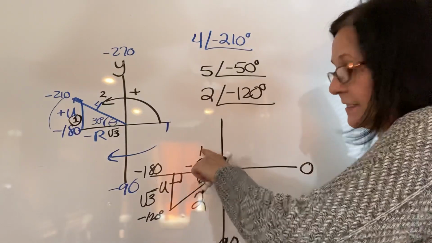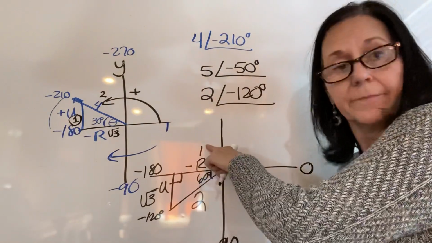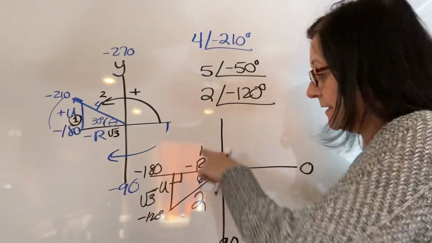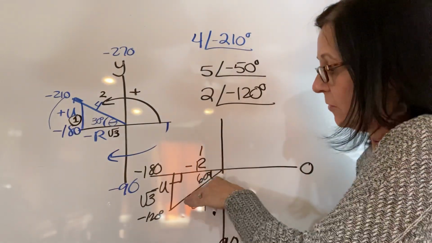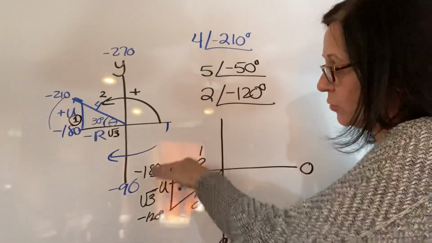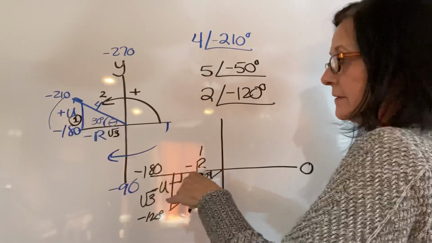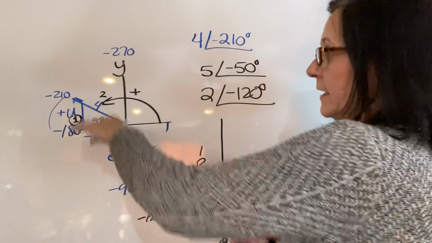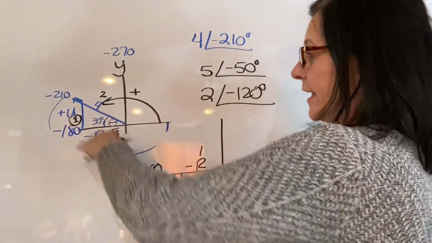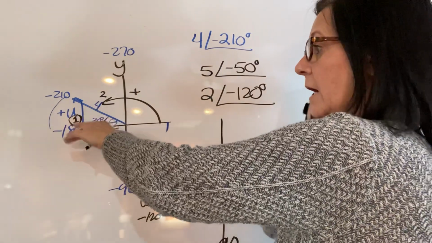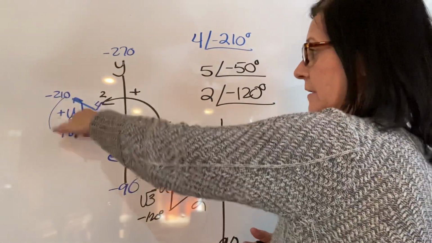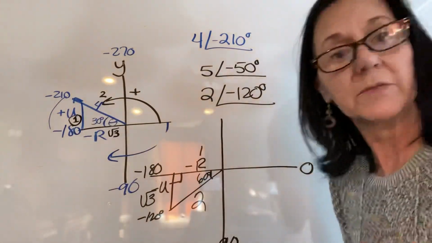To get to that leg, the shortest leg, I take half of the hypotenuse. All right, so I'm looking at this distance, 120 to 180, in the second, it's really the third quadrant, for a negative angle. For a negative angle that ends up in your second quadrant, I'm looking at that distance, 180 to 210.